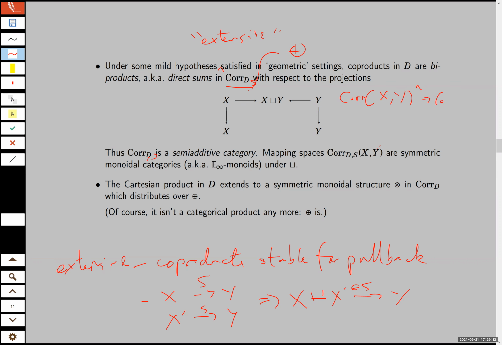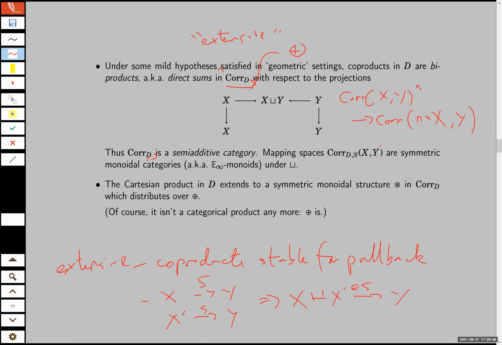And I'm just going to turn this into a correspondence. So if I have n correspondences between x and y, I can get a correspondence between n times x, the disjoint union of n copies of x.